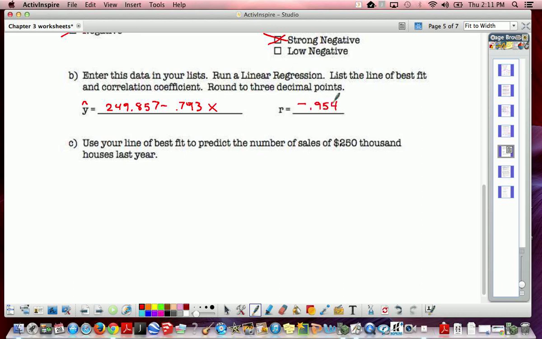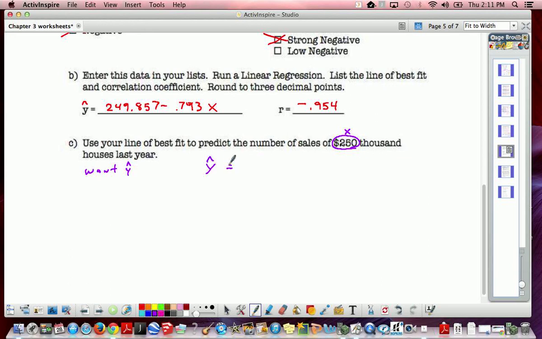Now in part C, it says use your line of best fit to predict the number of sales of 250,000 houses last year. Since 250 is already in thousands, it is going to be my x, and I want to find the predicted y.